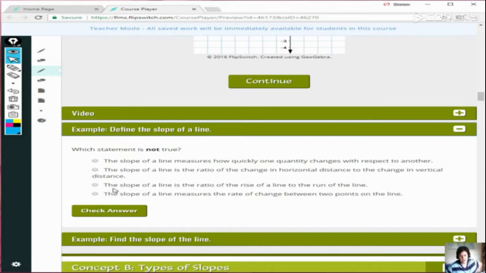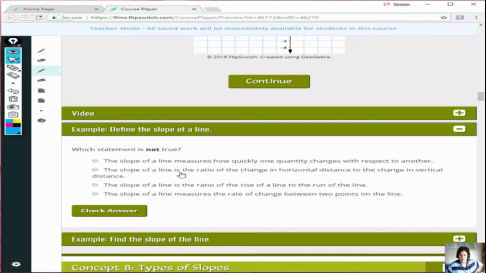The slope of a line is the ratio of the rise of the line to the run of the line. Okay, so the ratio of the rise of the line, that's its y values, to the run of the line, that's its x values. Yeah, that one's true. The slope of a line measures the rate of change between 2 points on the line. Yeah, it's how much it changed to get from point A to point B.